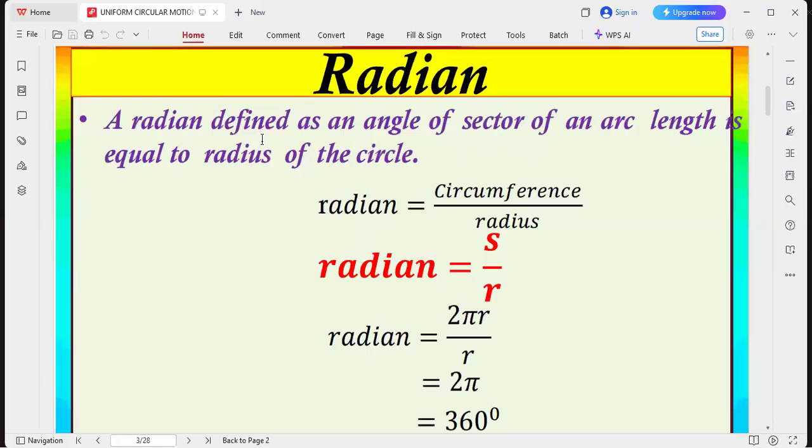As long as you're able to say that a radian is the angle described when the arc length covered is equal to the radius of the circle, in your own words, then that's the definition of a radian.